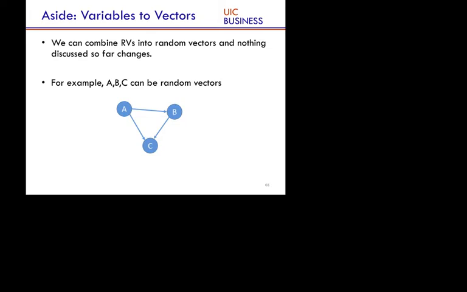Quick aside, although today or in general we are only going to talk about random variables, these things on the nodes of the graph can also be random vectors, collections of random variables. Why is that? Let's say I have a 3-node graph, A, B, and C, and some orientation. I can always put them together.